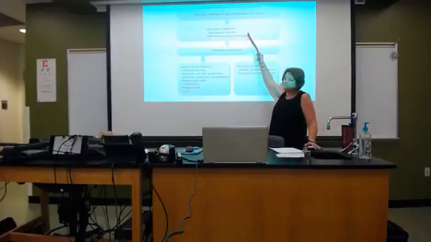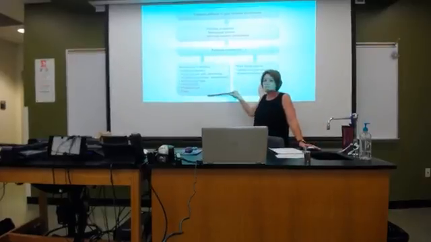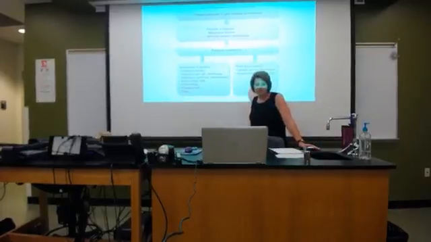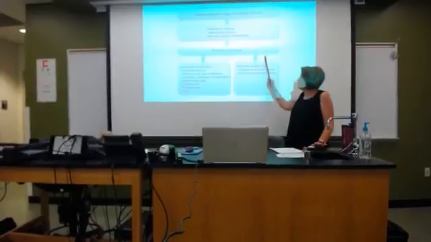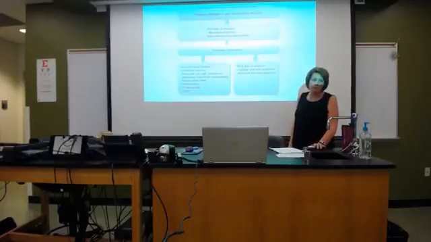Our first line of defense is skin and mucous membranes. If it makes it past the first line, we kick in the second line of defense. Now note, they're showing these as being equal. Why?